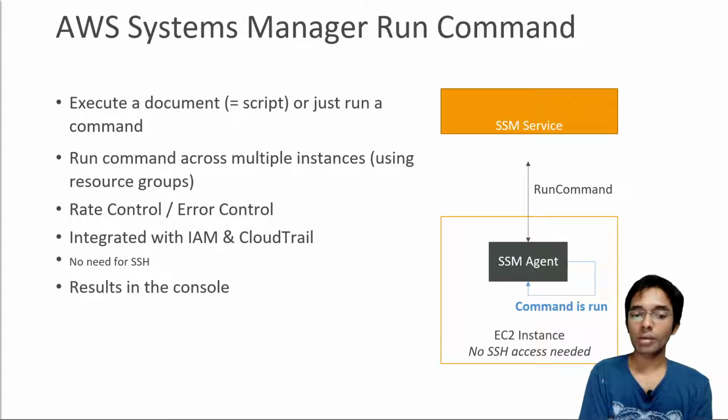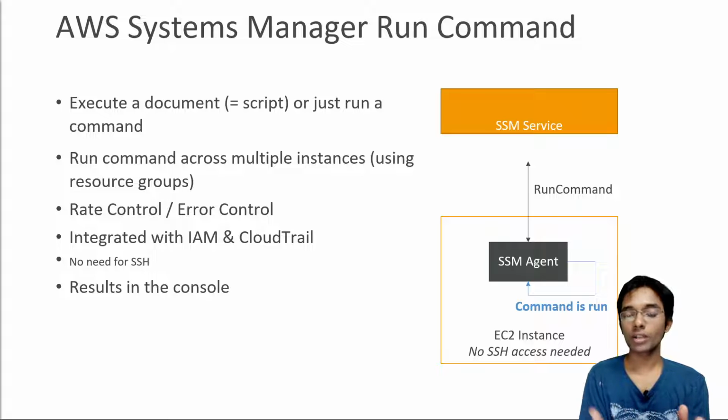You can run commands across multiple instances by grouping them into resource groups, and you can control the rate at which the command is run and what happens when errors come back. You can also stop the run command execution altogether. It's integrated with IAM and CloudTrail, which gives you audit and security: you make sure people can run commands in SSM, but you can analyze and audit it through CloudTrail.